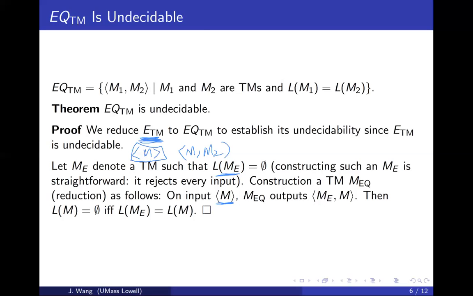Because M sub E also rejects everything, L of M sub E is equal to L of M. Likewise, if M accepts something, then they are not equal, because L of M sub E is empty and L of M is not. That establishes the reduction.